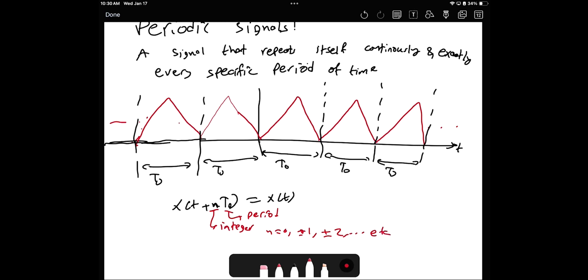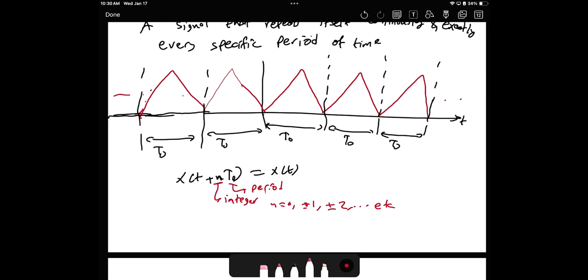So n is an integer, it can be 0, plus or minus 1, plus or minus 2, etc. In other words, x of t equals x of t plus T0 equals x of t plus 2T0, etc., or x of t minus T0, x of t minus 2T0, etc. That's how I can judge this is periodic.